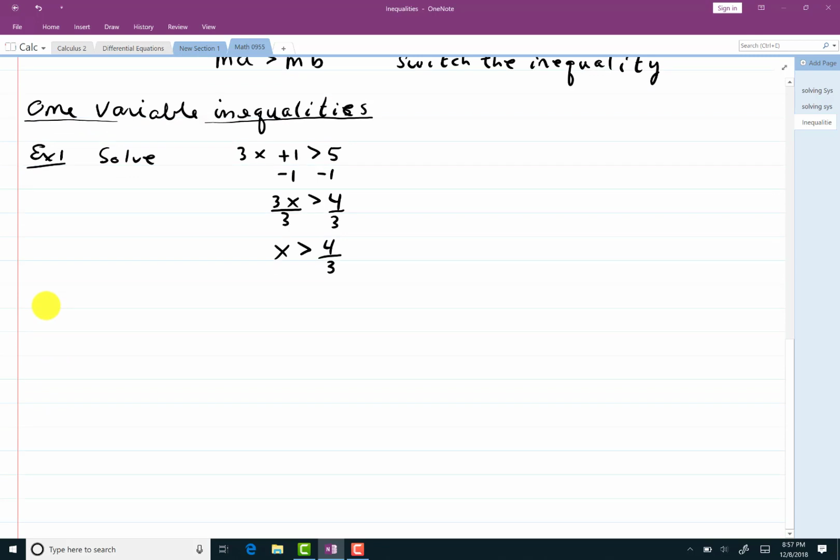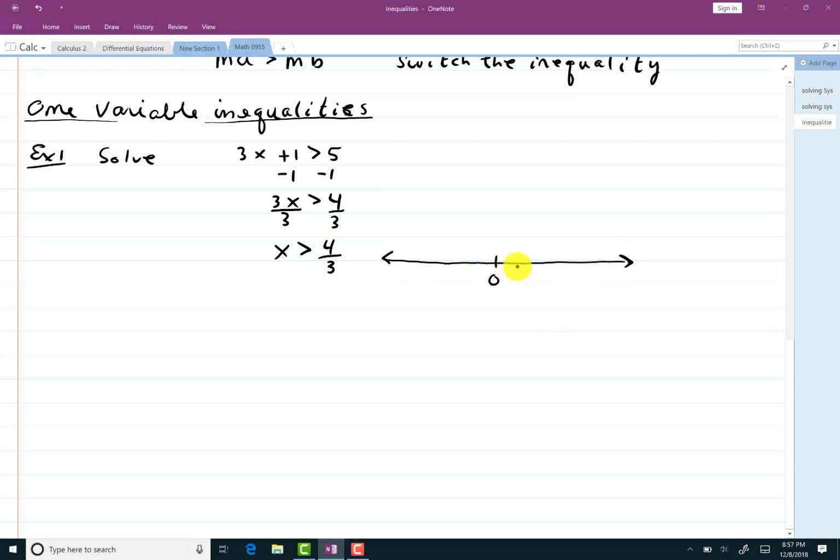Now, typically, what you'll be asked to do is write your answer in a couple of ways to show that you understand what this symbol means. When I write x is greater than 4/3, the answer means all numbers that are greater than 4/3. So if I go and draw a number line, this will be a graph of this, if you will. I'll locate 4/3 on the number line.